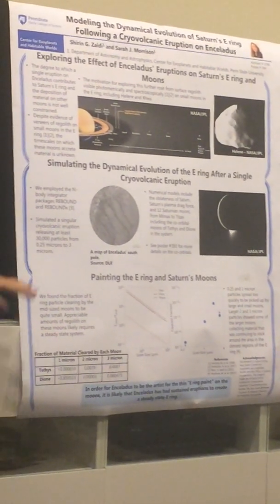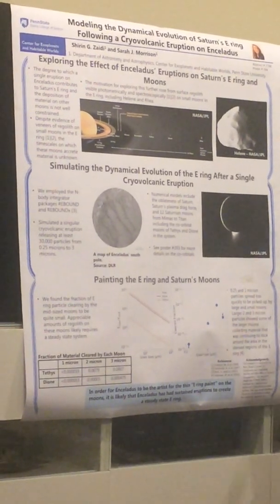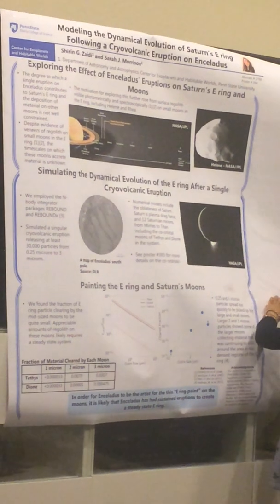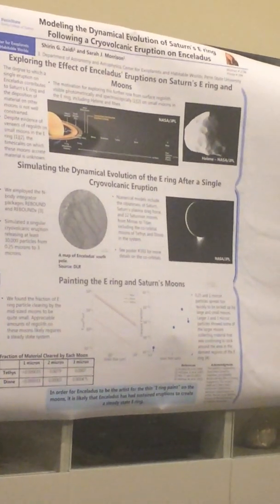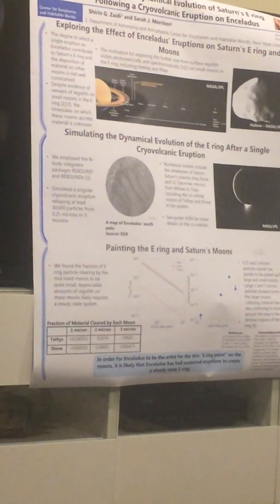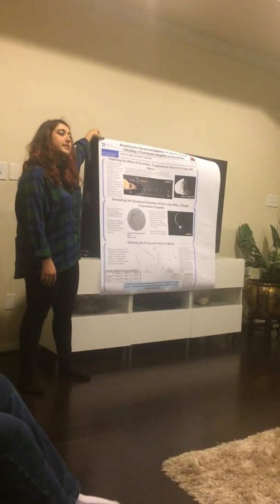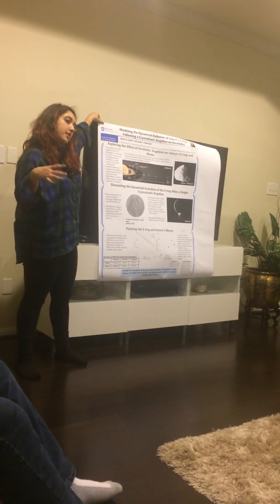So to begin this project, what we've been doing so far is running N-body simulations using the N-body integrator Rebound and Rebound X, which is a code written in C. And it's important because it simulates resonances in the system.